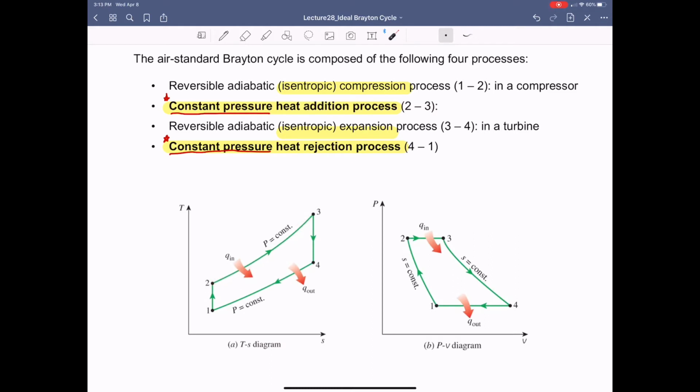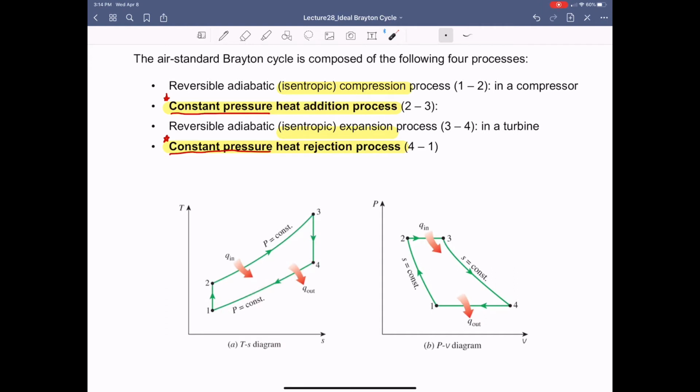And I now hope that you remember why we draw the constant pressure process this way in the TS diagram. And now from 3 to 4, we have an isentropic expansion process, which is also a vertical line, but going down from 3 to 4. Then from 4 to 1, that is a constant pressure heat rejection process. So we can draw the TS diagram from 1 through 4 this way.